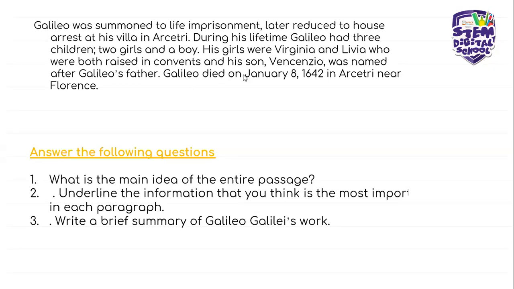His girls were Virginia and Livia, who were both raised in convents, and his son Vincenzio is named after Galileo's father. And Galileo died on January 8, 1642 in Arcetri near Florence.